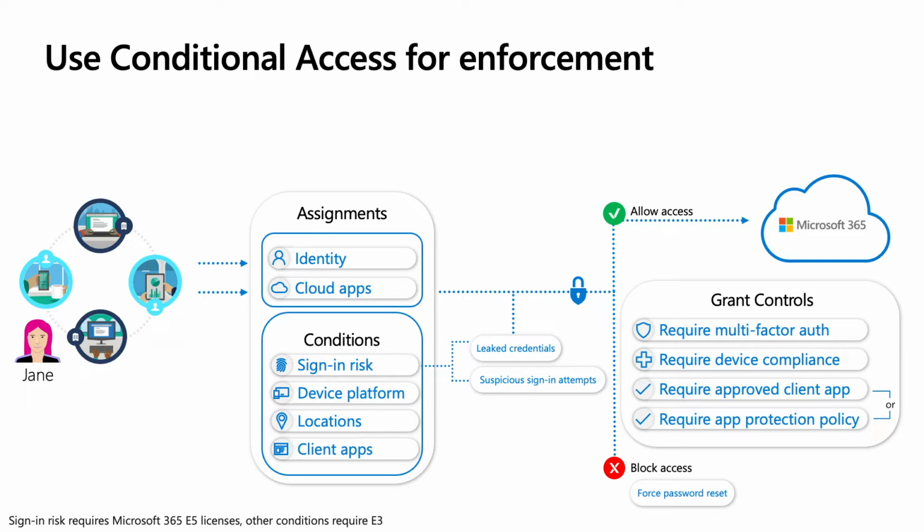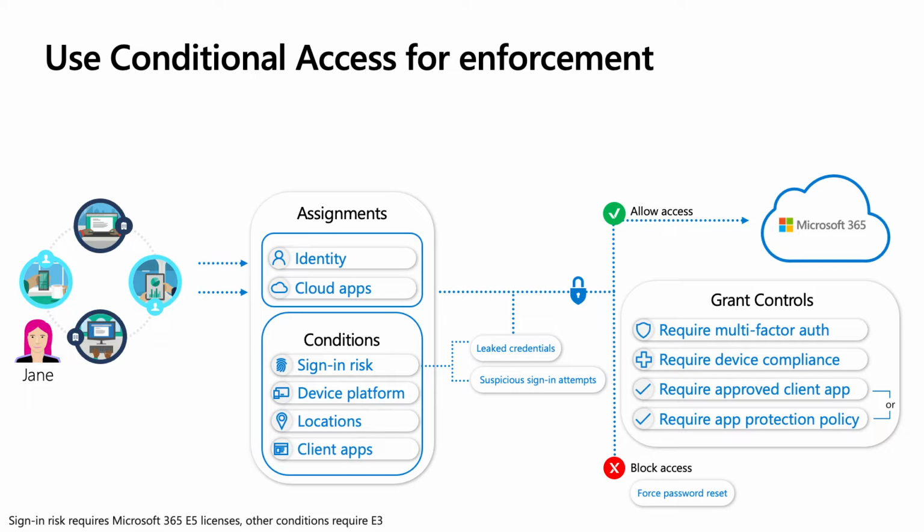From an assignment perspective, we look at who's attempting to authenticate and what resource they're attempting to authenticate against. And then we can evaluate a number of different conditions. What IP address are they using? What device platform or operating system is being used? And finally, what client apps are being used as part of this authentication request?